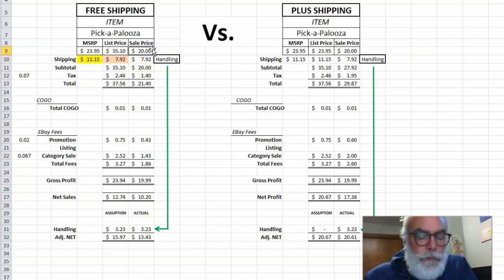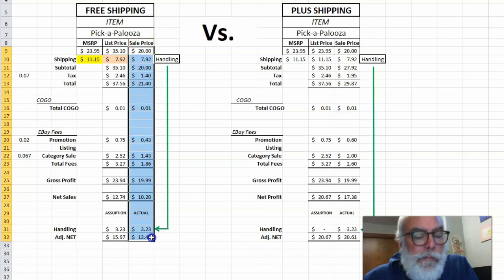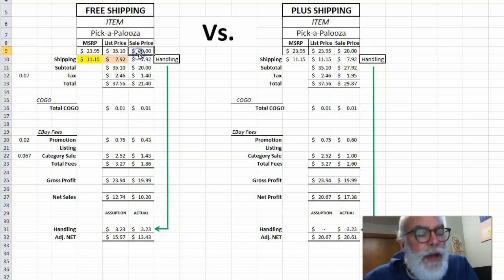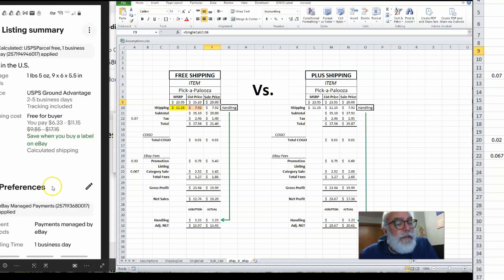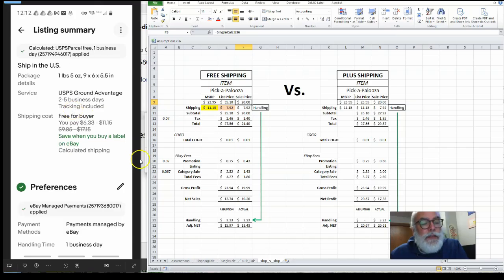And this is where in this column we see the error of my ways, because I certainly didn't know about this when I listed this item. Had I known about that and had this spreadsheet set up, I certainly would have priced my item differently and listed it differently as well.